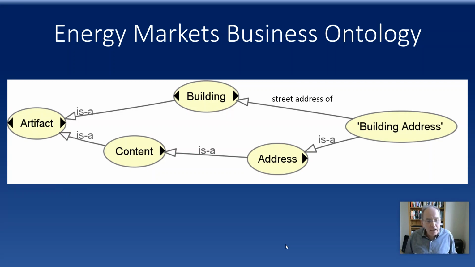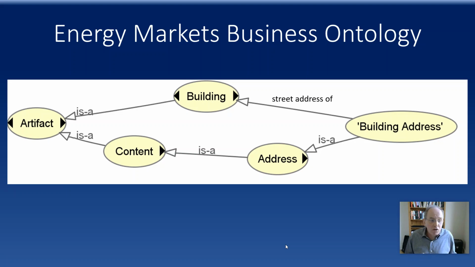Equally, content. So content as in the content of a document or the content of an image or the content of a paper. This is also a man-made thing, a human-made thing.